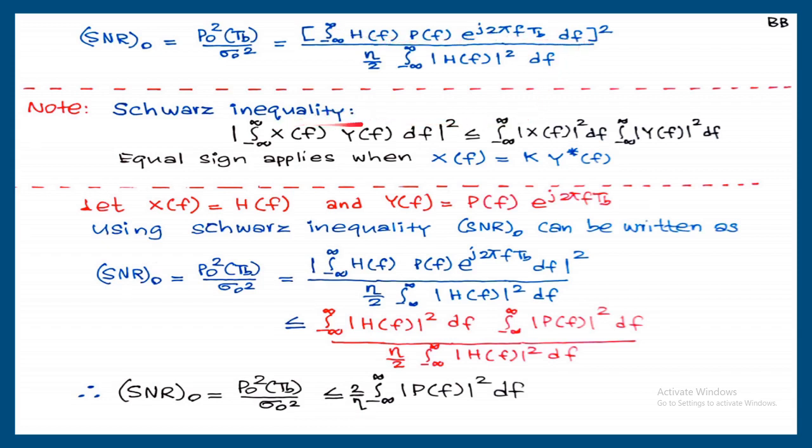It's like this only, but we need a modulus sign also. So I can include the modulus sign. The reason for that one is P0 TB is not an imaginary term, it's a real term. So if it is a real term, P0 TB square and modulus P0 TB square are same. Like 2 square is 4, minus 2 square is 4. So if you are taking modulus 2 square, that is also 4.